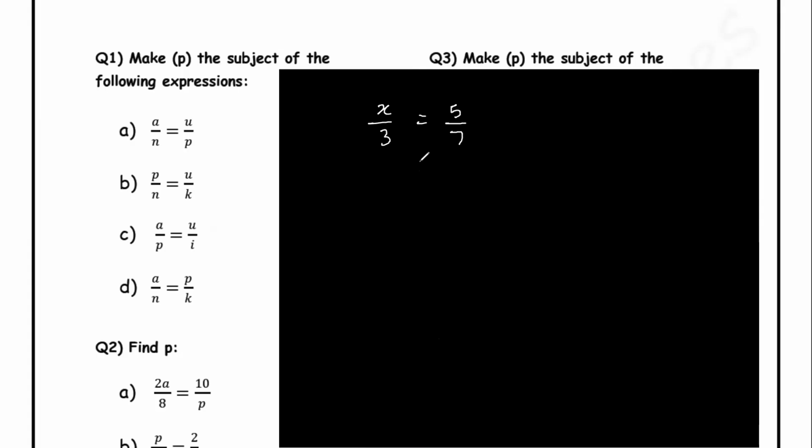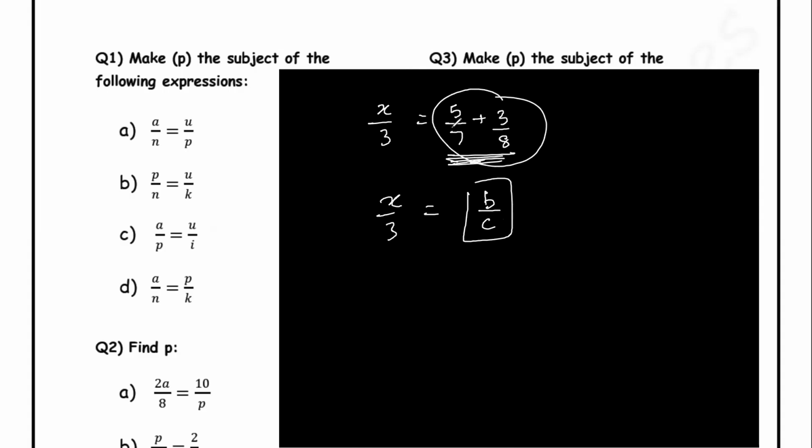And you have something like plus 3 over 8. So if you add this up, you get x over 3 is equal to some fraction, let's call it b over c.